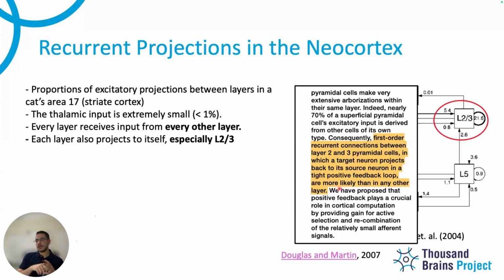What I mean by a tight positive feedback loop is that when a cell projects to another cell, that other cell projects back to the source neuron, which is basically saying this is stabilized. It forms a network mesh that stays stable and stays active. It's more likely to happen here in layers 2 and 3, which is a good thing, I guess. A lot of our theory depends on it.